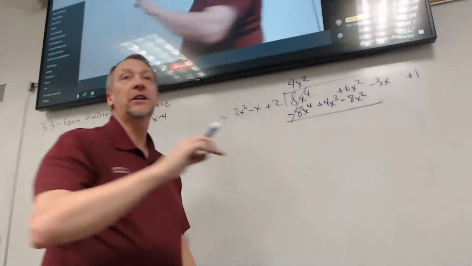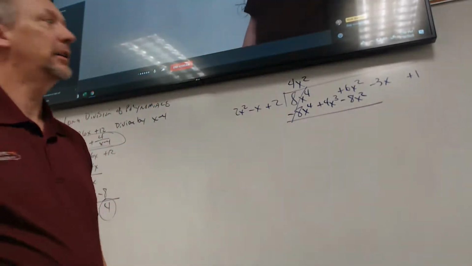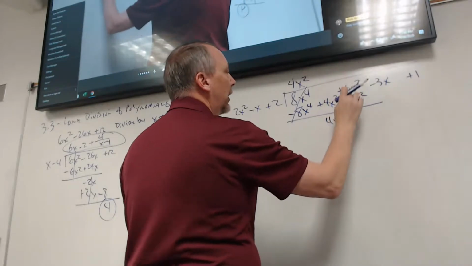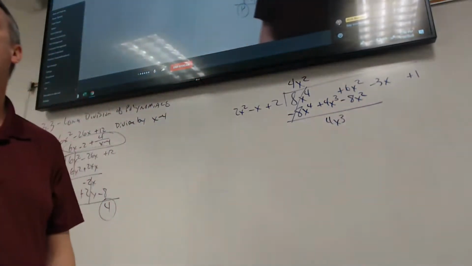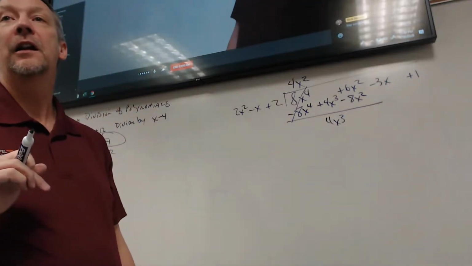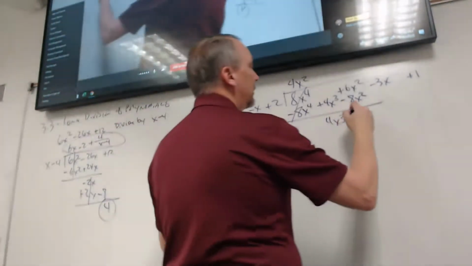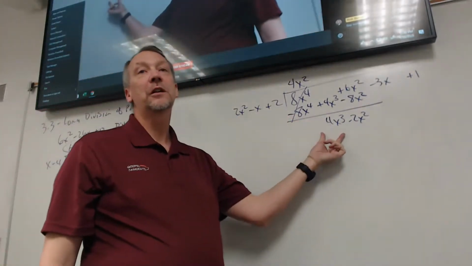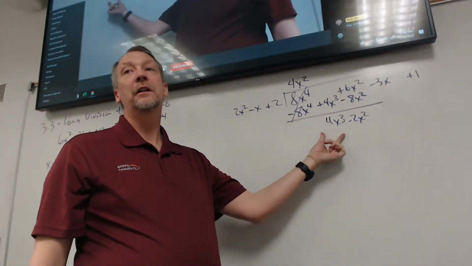0 and 4x cubed is what, Hallie? 4x cubed. 6x squared minus 8x squared is negative 2x squared. Does 2x squared go into 4x cubed? Michael?